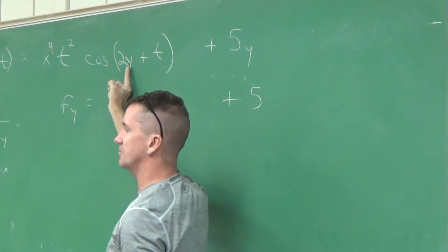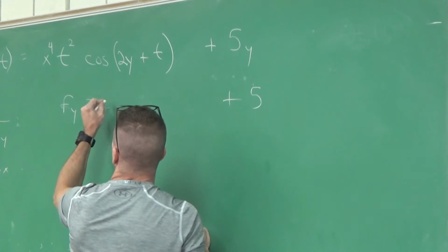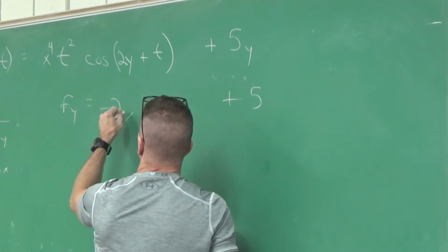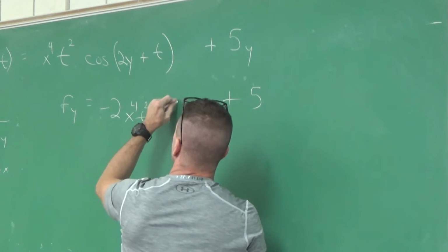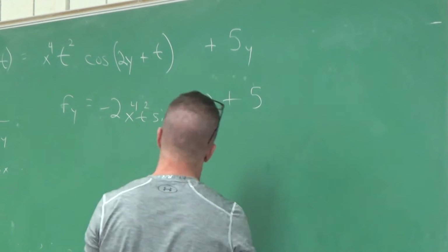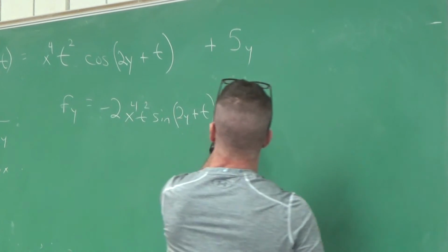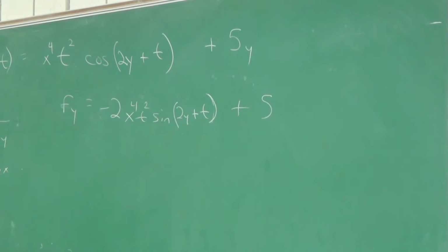We have to apply a chain rule. That's just a constant, so I'm getting negative 2. Everything else stays the same. That becomes sine of 2y plus t, and then up with the plus 5. Boom, good job. Was everyone okay with this? I kept the x constant, I kept the t constant, everything else is held constant except for the y. I differentiate only with respect to y. Now we need fyx.